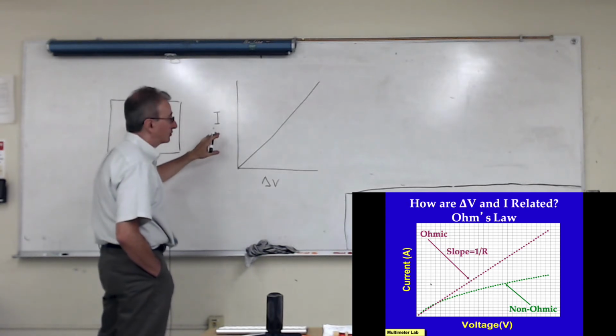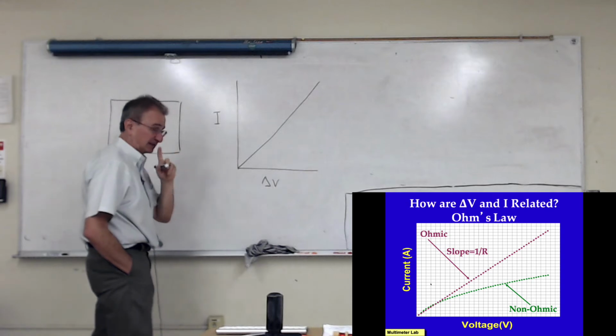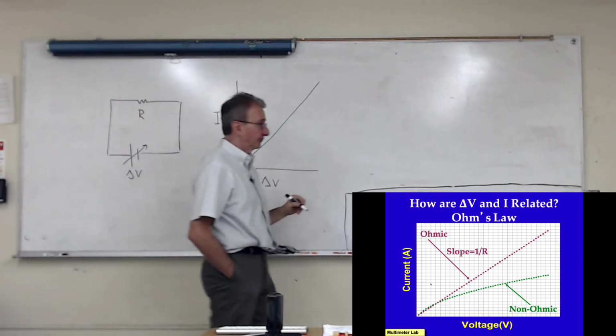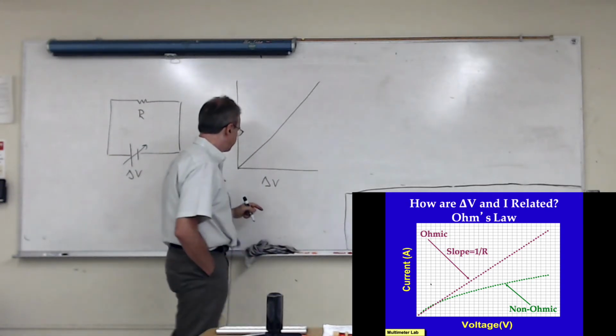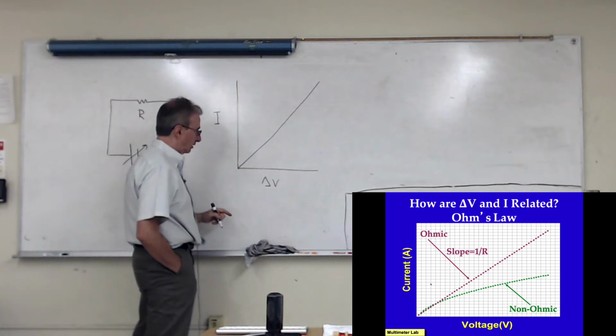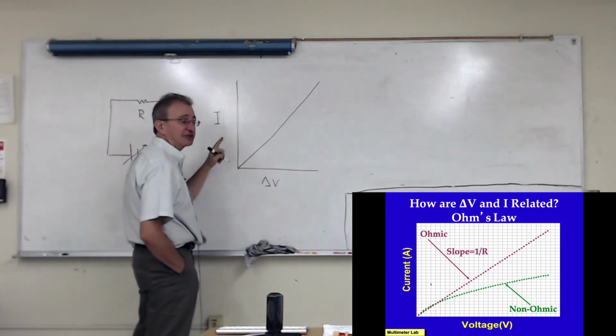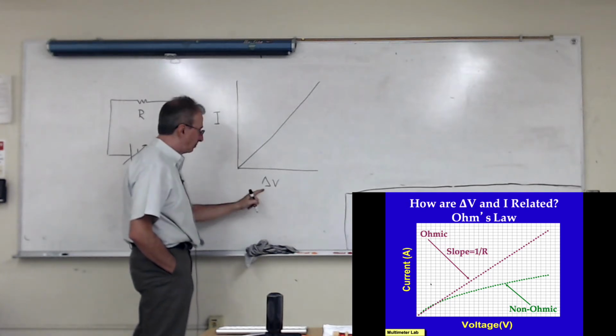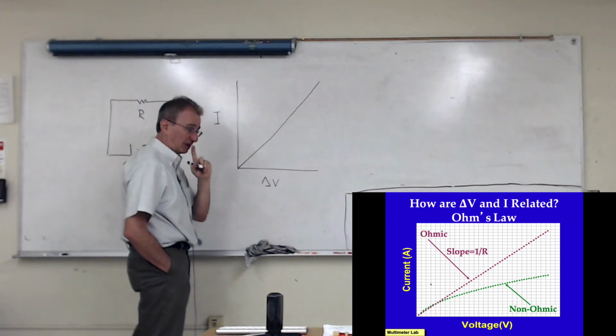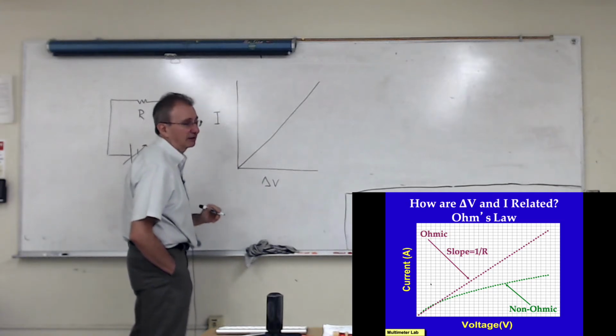If a material obeys Ohm's law, you will get a straight line. That means that the ratio of delta V over I stays the same, independent of the applied voltage, the applied potential difference.